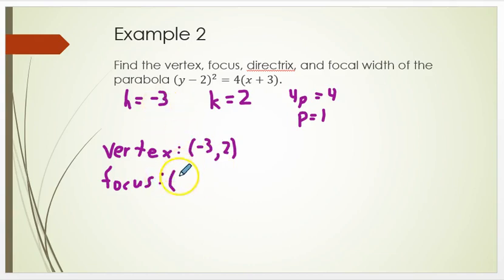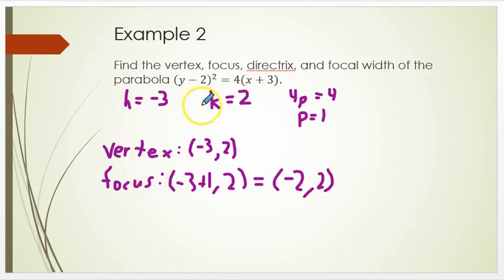So for our example, h plus p, comma, k. This can be simplified, of course. So instead of leaving it that way, I know that -3 plus 1 is -2, and then the other number just stays as a 2. Okay, that was the focus. On to the directrix.